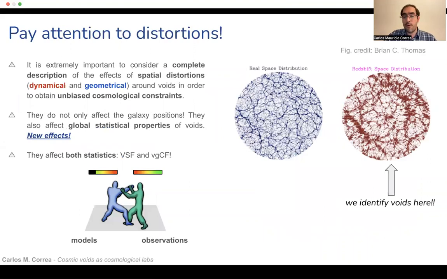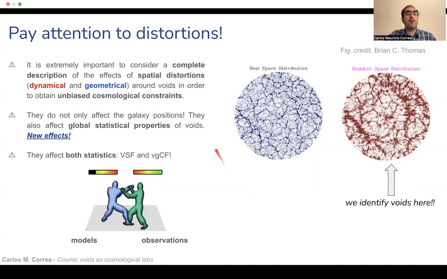However, as I said before, given the precision achievable with modern surveys, a complete description of the effects of spatial distortions, dynamical and geometrical distortions around voids, is essential in order to obtain unbiased cosmological constraints.